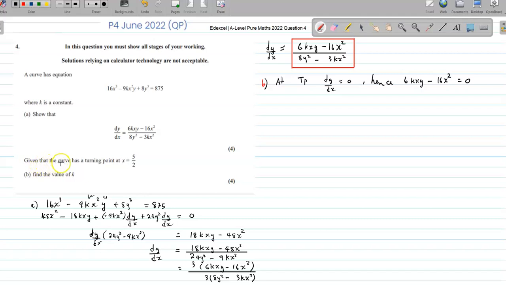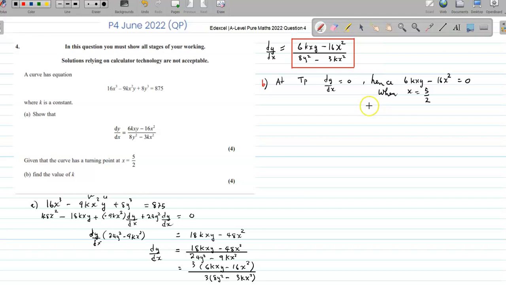So given that the curve has a turning point at x equal to 5/2, it means that when x equals 5/2, we just need to substitute this value for x into this expression.